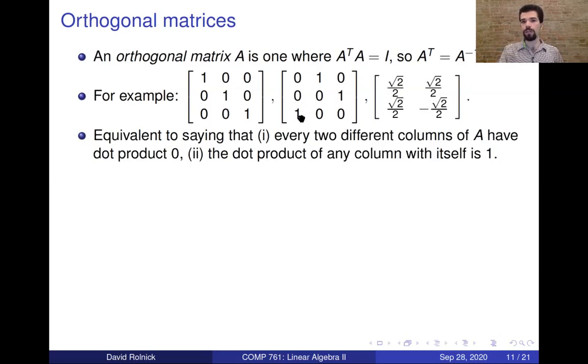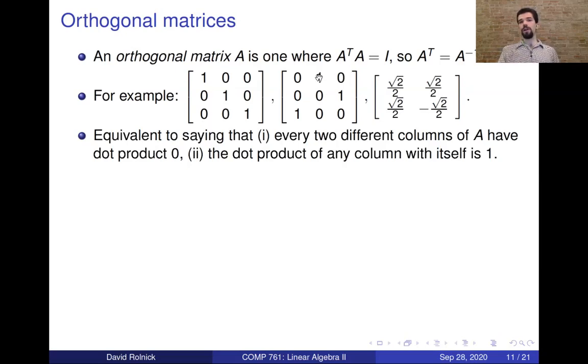So this column dotted with itself is the first thing in the product. This column dotted with these other columns gives you the first column of the product. So if A transpose A equals the identity, then this column dotted with itself has to be equal to 1, the first entry in the identity. This column dotted with this column has to be equal to 0. This column dotted with this column has to be equal to 0.